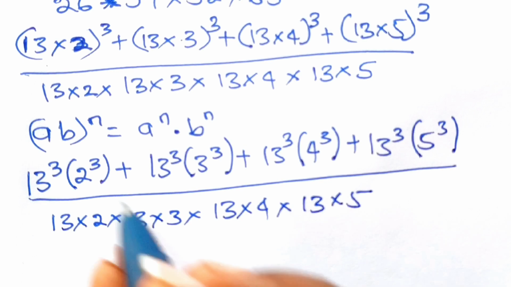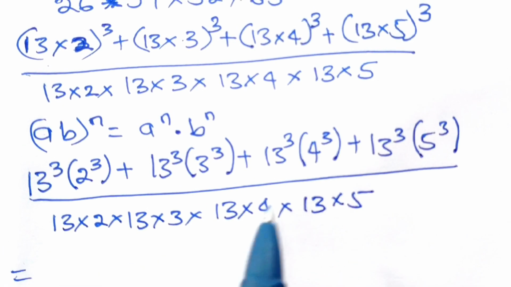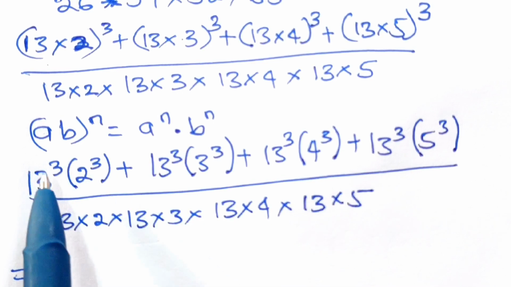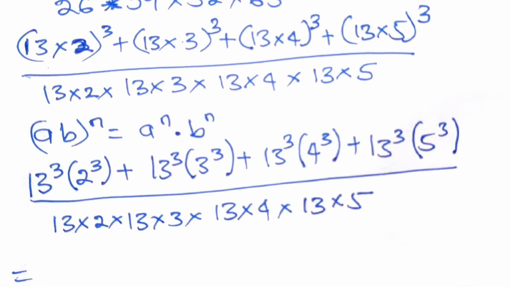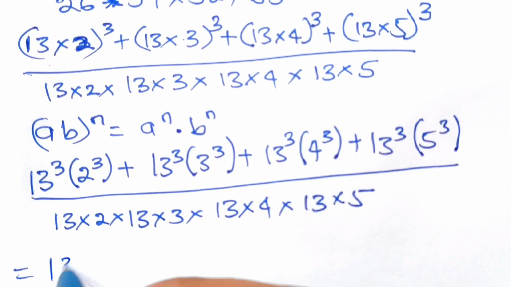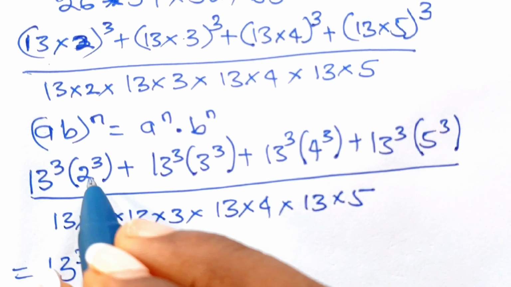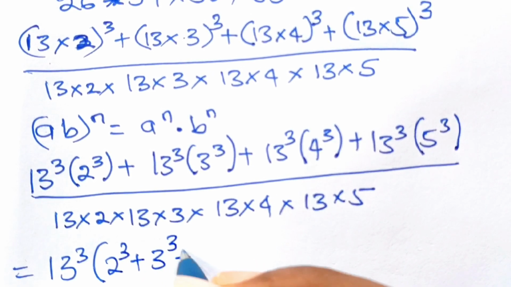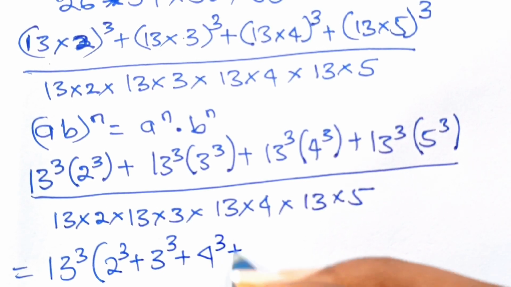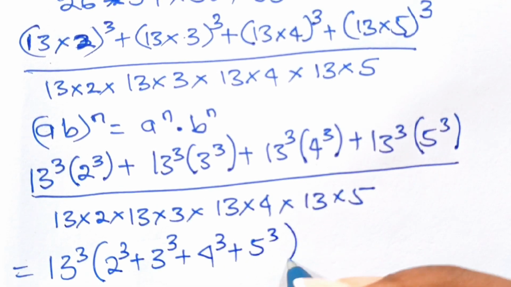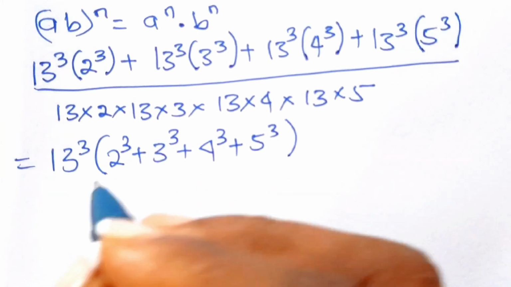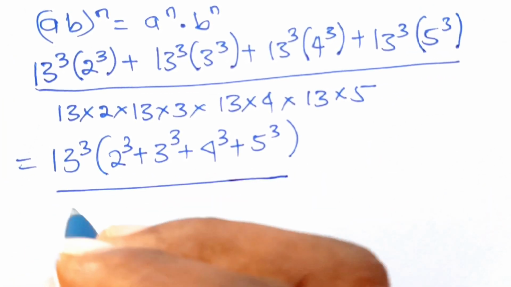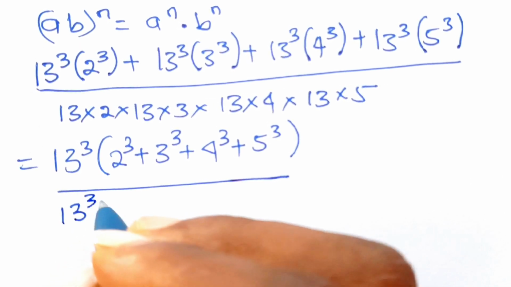Okay, now this is equal to, let's factorize 13 to the power of 3 since it's common to all of them. So what we are now going to have is 2 to the power of 3 plus 3 to the power of 3 plus 4 to the power of 3 plus 5 to the power of 3, everything divided by 13 to the power of 3.